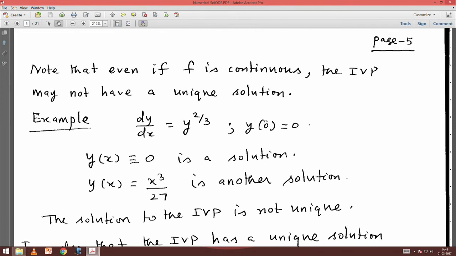We only showed using the result of the first theorem that a solution to an initial value problem exists provided f satisfies some conditions, namely f is continuous in a rectangle R centered at the point x naught comma y naught, and in that case a solution exists in an interval enclosing the origin. Is the solution unique is the next question to be answered.